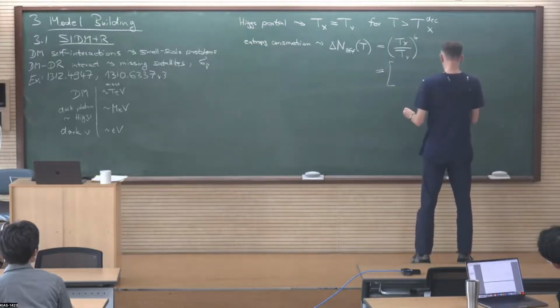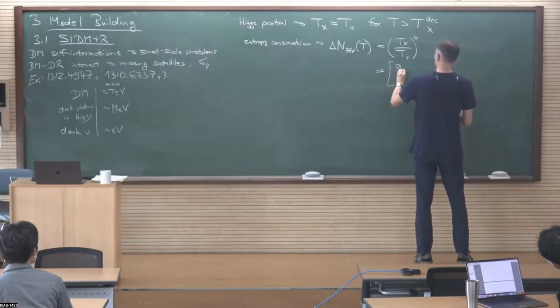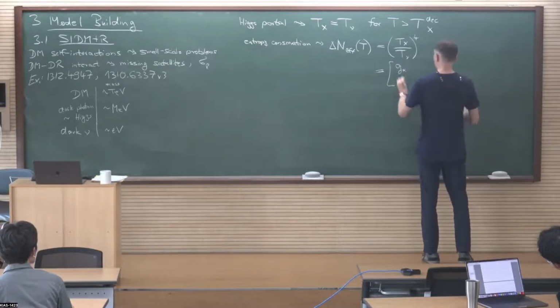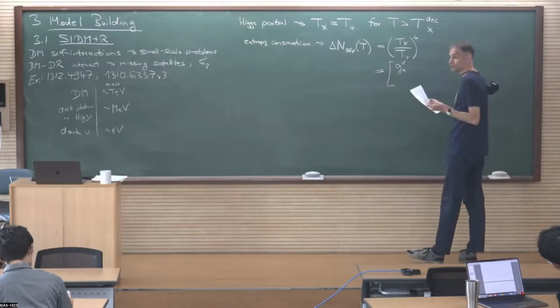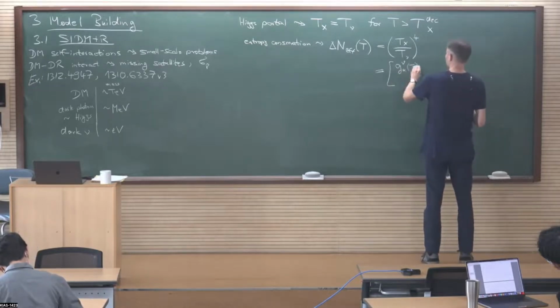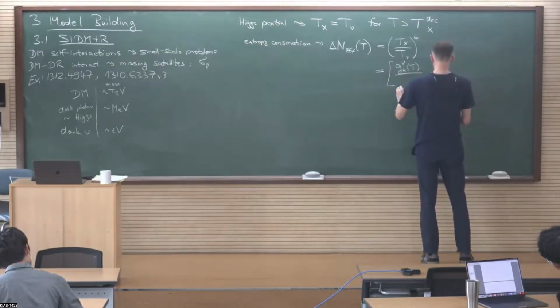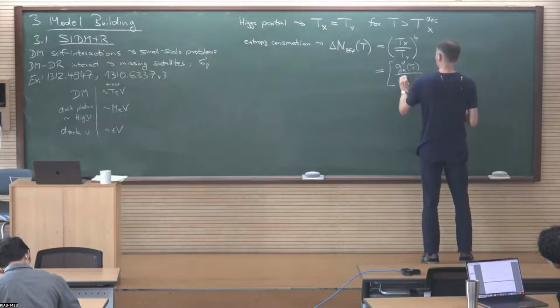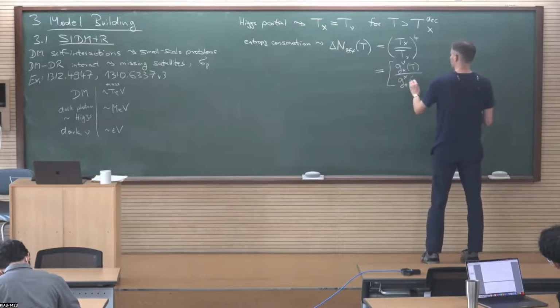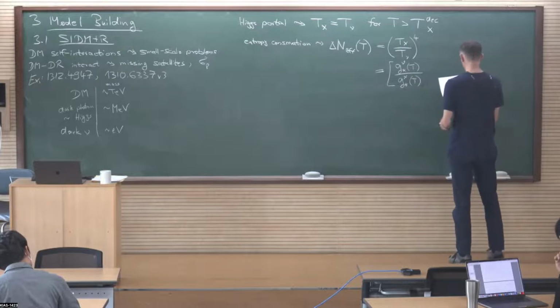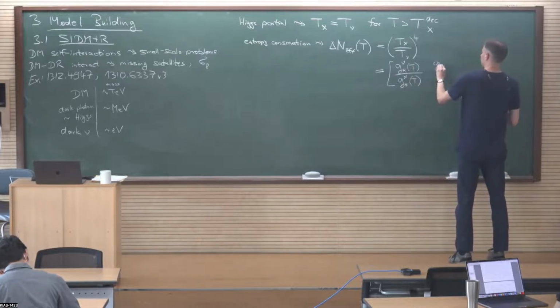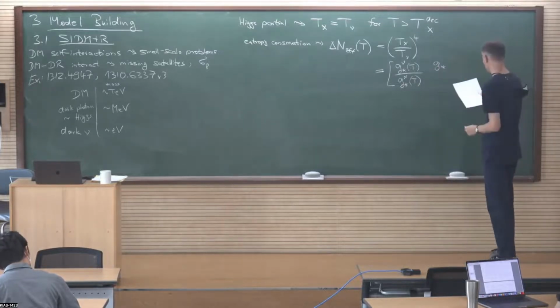So you need the degrees of freedom g star in the Standard Model neutrino thermal bath at the temperature we're looking at. We divide by g star in the dark sector at the same temperature. And then we also have to calculate these things at the decoupling temperature.